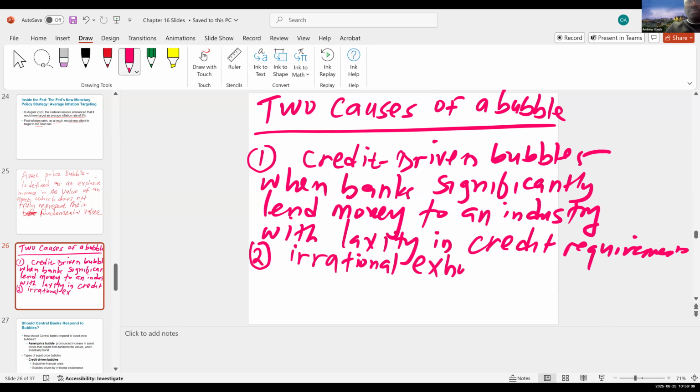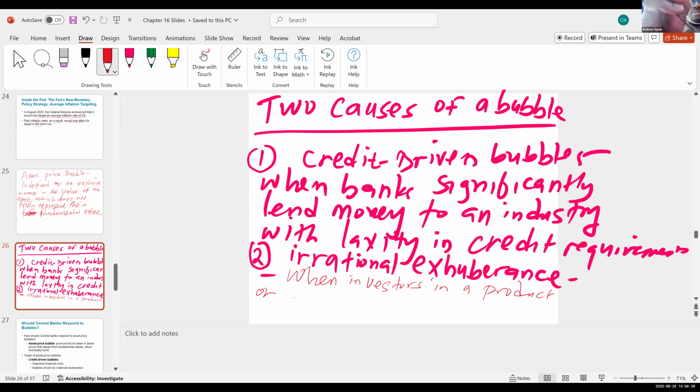Irrational exuberance is basically when investors in a product or an industry develop unrealistic expectations about the future value of an asset.